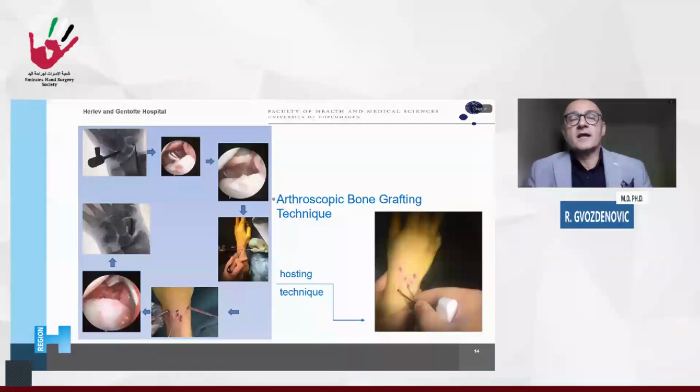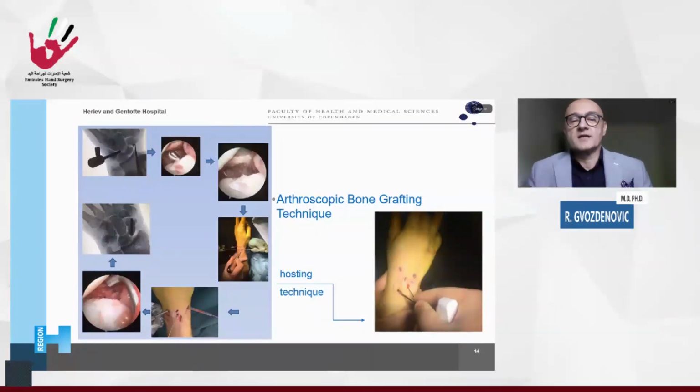The method involves using the midcarpal portals, usually MCU and MCR portals, and sometimes using an additional 1-2 portals, where we clean the gap using the arthroscopic shaver. Then we harvest the graft from the Lister's tubercle using the aspiration bone needle or even a small curette.